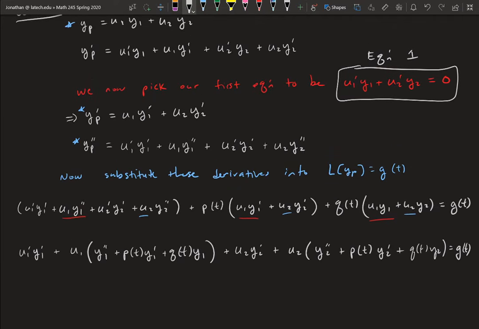I think I missed a prime on this u2: u2 prime y2 prime in the middle, sorry.